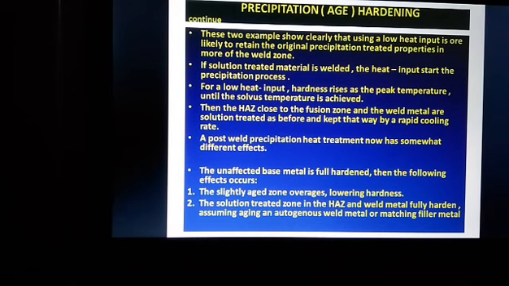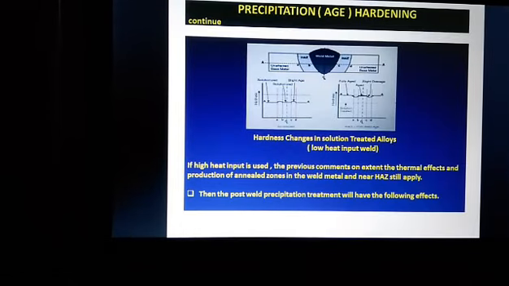The solution treated zone in the HAZ and weld metal fully harden, assuming an autogenous weld metal or matching filler metal. If high heat input is used, the previous comments on extended thermal effect and production of an annealed zone in the weld metal and near the HAZ still apply.